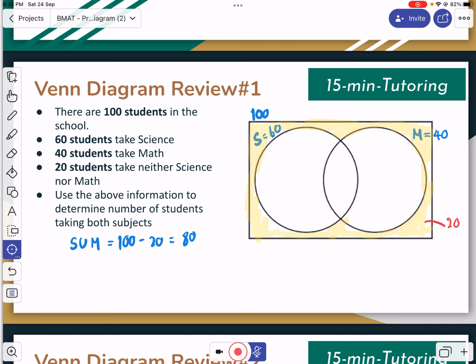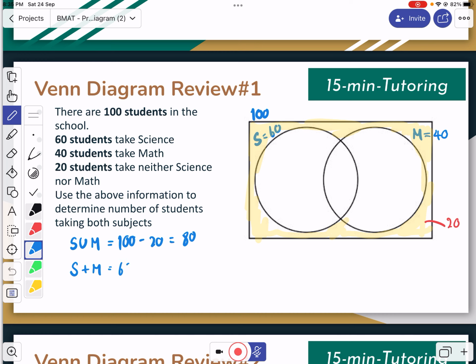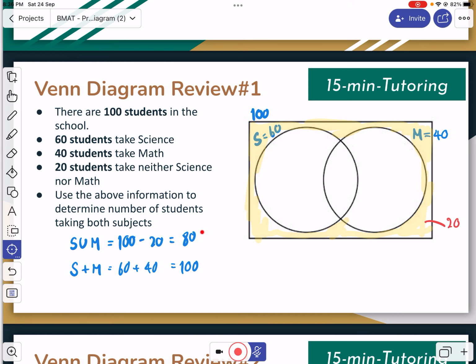If we add 40 to 60, S plus M, 60 plus 40, we get 100. Now, what's wrong with this? Because in both cases, we are looking at the area of the two circles combined. We got 80 in the first approach, and we got 100 from the second approach. What's wrong here?